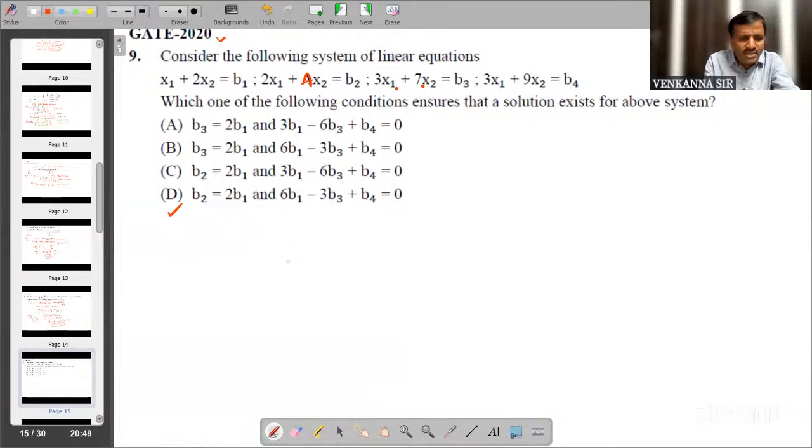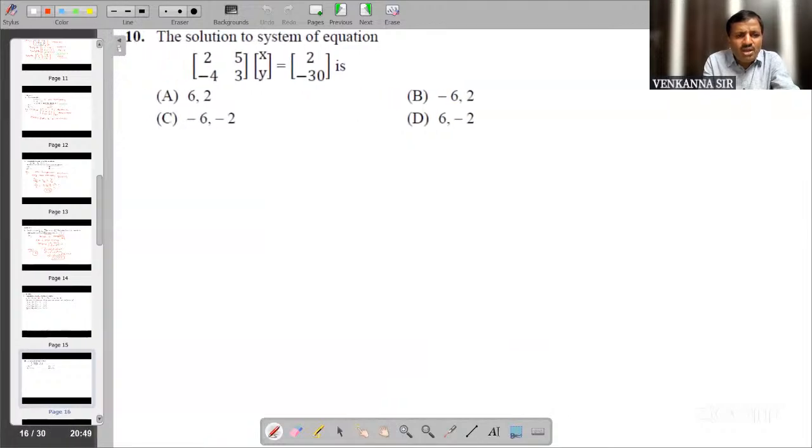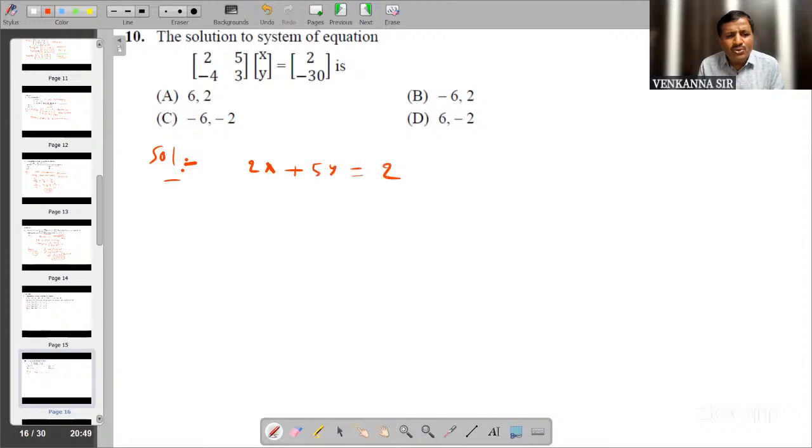Coming to next question here, the solution to the system of equations. Yesterday also I explained, I have given some questions in the previous class, so try to solve them. Just take it as 2x plus 5y equal to 2 minus, 4x plus 3y equal to minus 30.